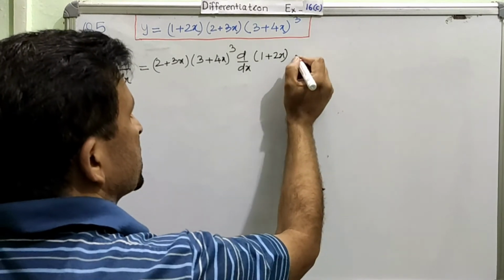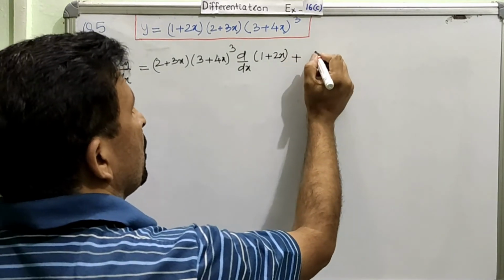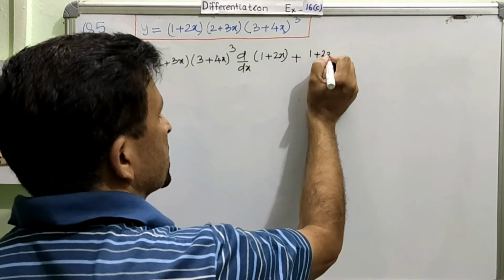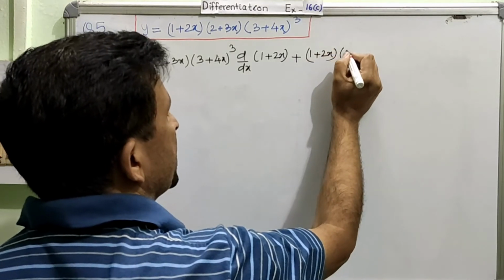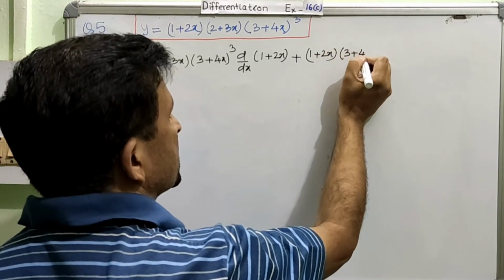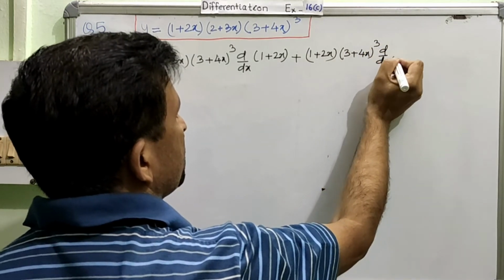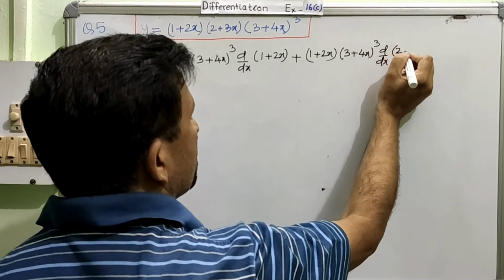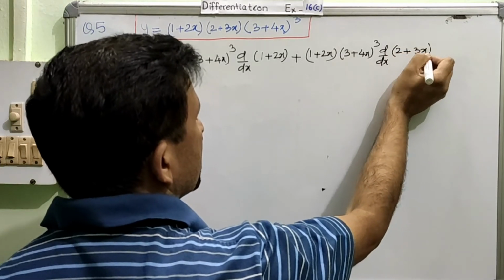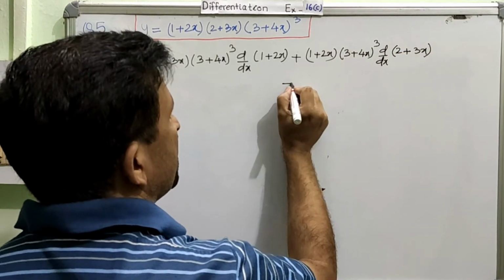Right? Now the second function. The first function, 1 plus 2x, and the third function will be kept as it is, 3 plus 4x whole to the power 3, and we will differentiate function number 2, 2 plus 3x. Clear?